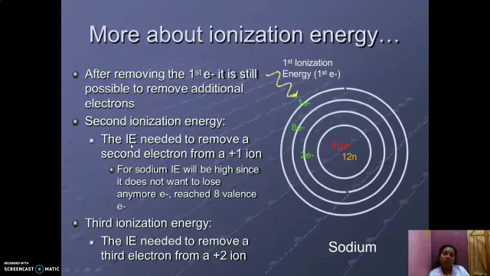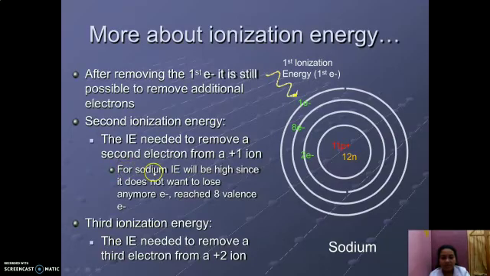If we want to remove a second electron, that will be more difficult. For example, removing this electron is the first ionization energy, and if we remove one electron from these 8 electrons in the sodium atom, that is the second ionization energy. And if we remove one more electron from these 8 electrons, that is the third ionization energy. Okay.